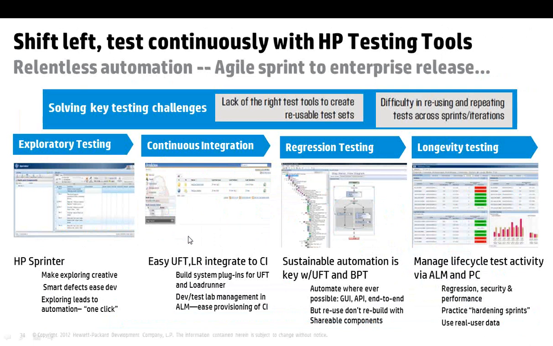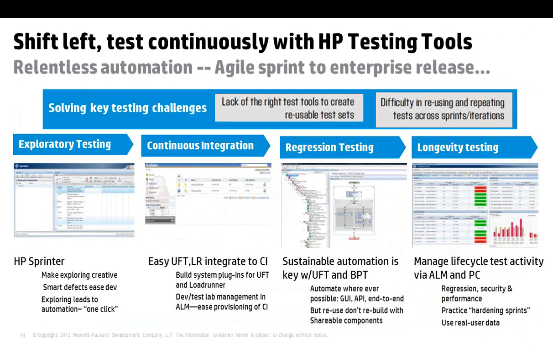The next thing is the ability to execute continuous testing in the continuous integration process itself. Today the leading continuous integration systems that people use are Hudson or Jenkins. The ability to execute automated testing tools like Unified Functional Testing and LoadRunner performance testing through the continuous integration process itself is an important capability.